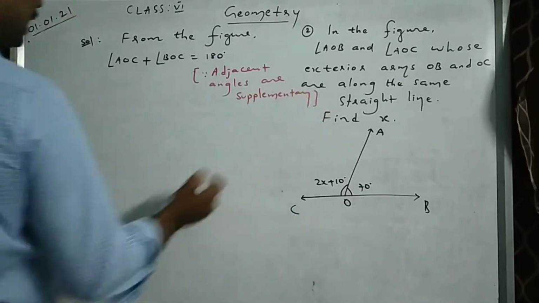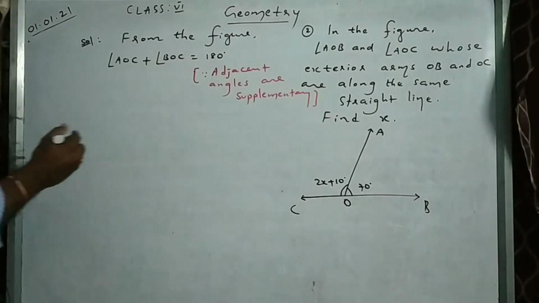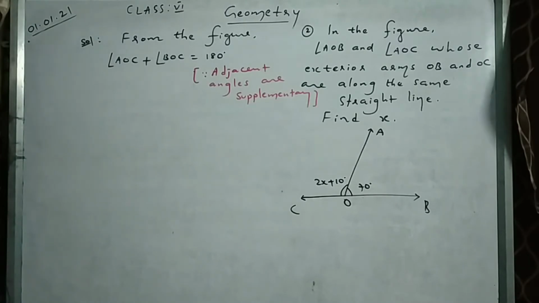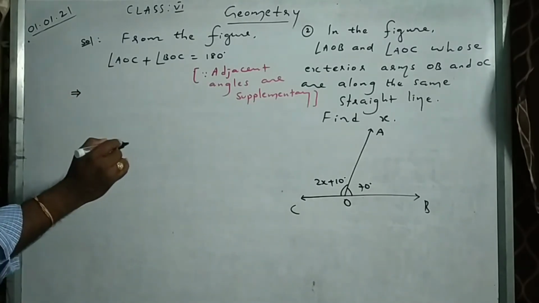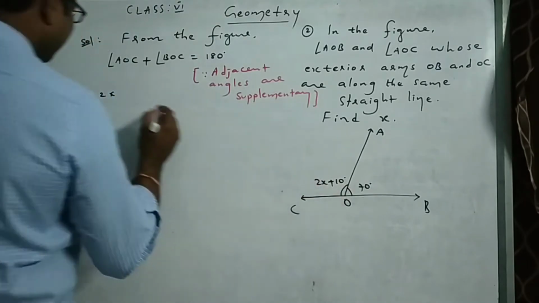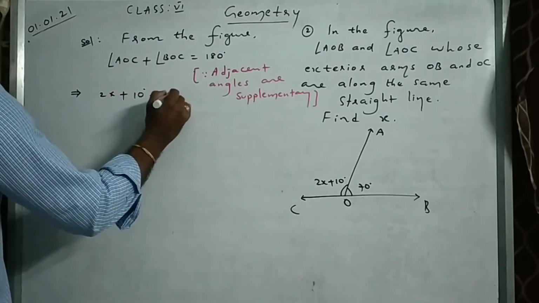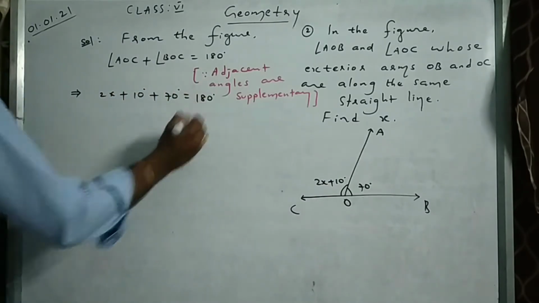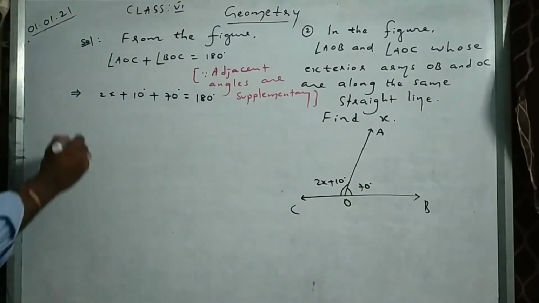Since they are supplementary angles, the sum of the two angles should be 180 degrees, right? Supplementary means together you should have 180 degrees. So 2x plus 10 plus 70 together is 180.